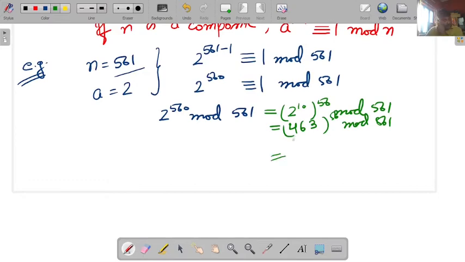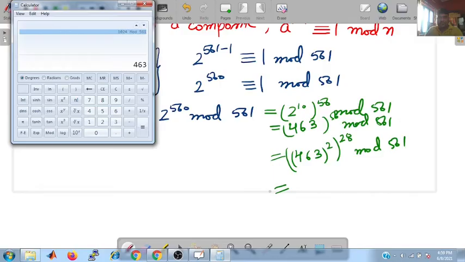Take the square of this one, 463 squared, and then you get 463 to the power 28 mod 561. Again we take the help of the calculator. 463 squared mod 561, what do you get? 67.